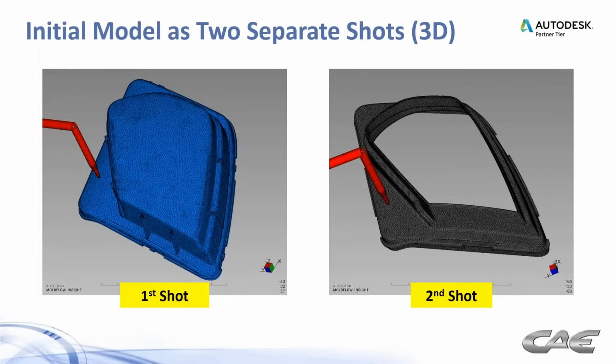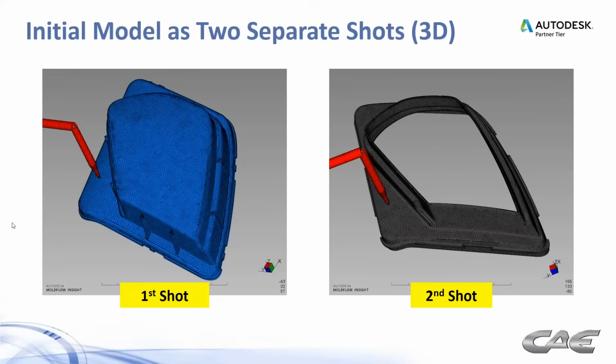Let's go through some examples here. This is a case when we're looking to find the gate locations and the process that works for each shot individually first. Oftentimes, as I said before, you're limited by your gate locations because of aesthetics, and this is certainly a case here.